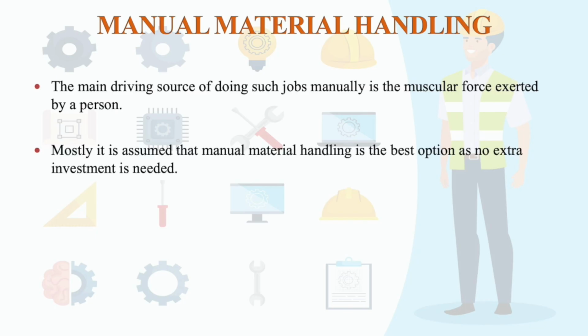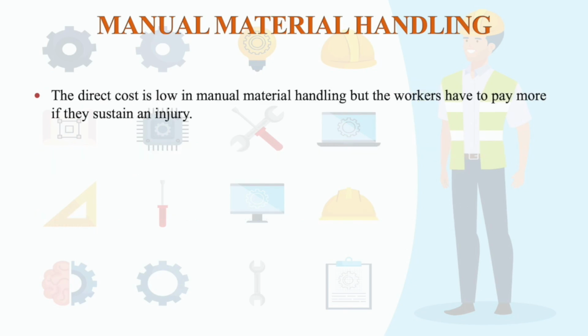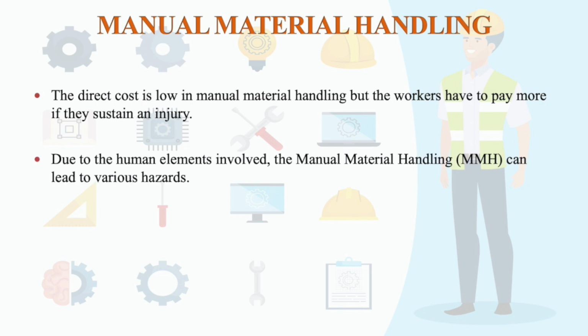Mostly it is assumed that manual material handling is the best option as no extra investment is needed, but most of them are not aware of the risk associated with manual material handling operations. The direct cost is low in manual material handling, but the workers have to pay more if they sustain an injury. Due to the human elements involved, manual material handling can lead to various hazards.